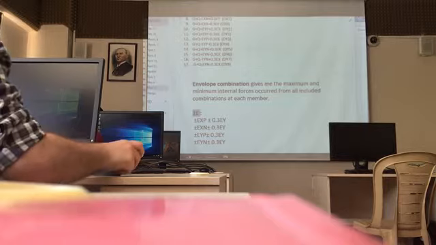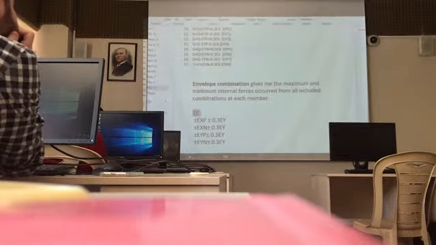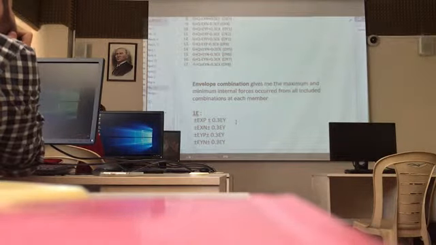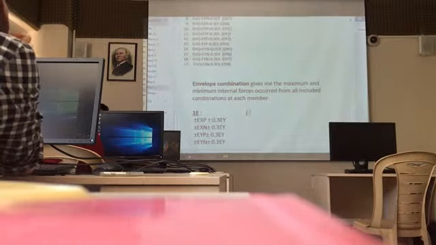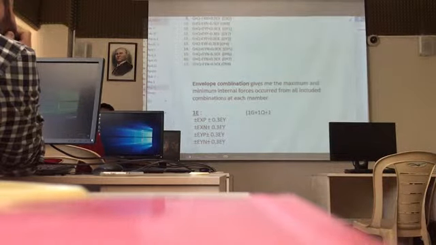Therefore, here we have 16 combinations. Here we have 16 combinations, and I have to include these 16 combinations here. 1.1G plus 1Q plus 1E.